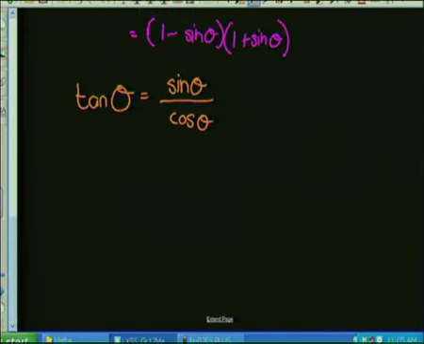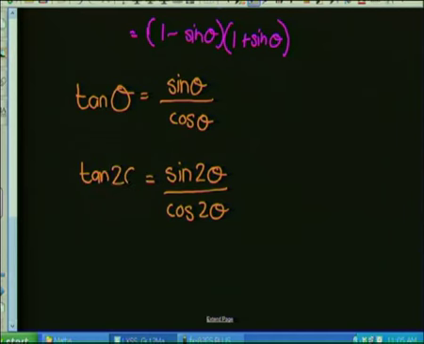And now that you have been taught double angles, I want to bring to your attention that if you are given sine 2 theta divided by cos 2 theta, that would be equal to tan 2 theta.